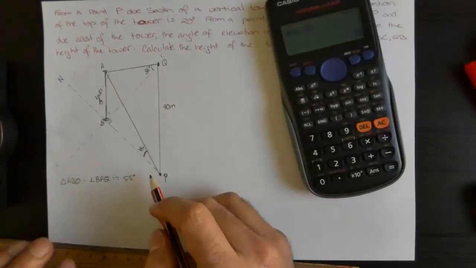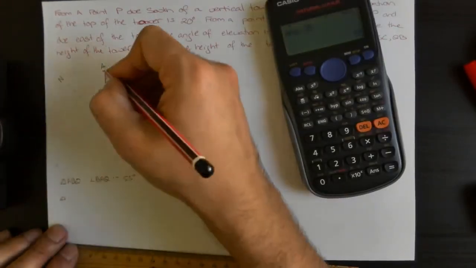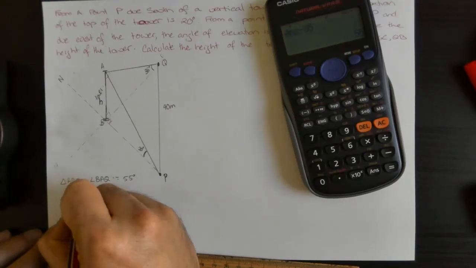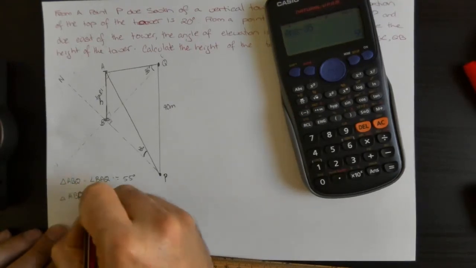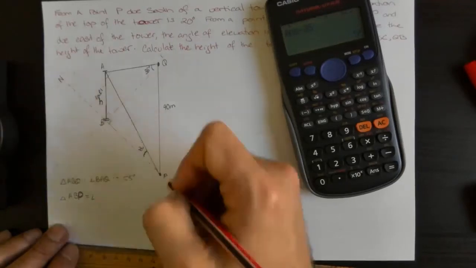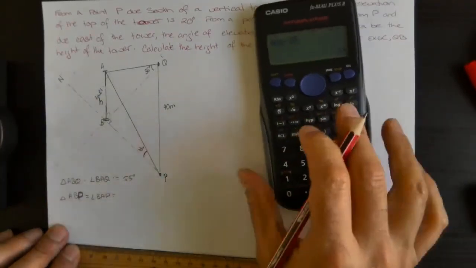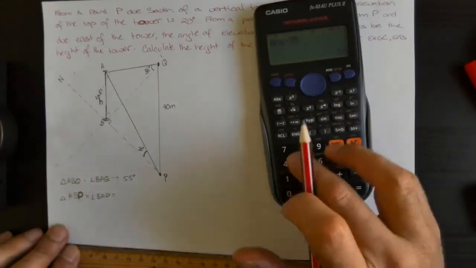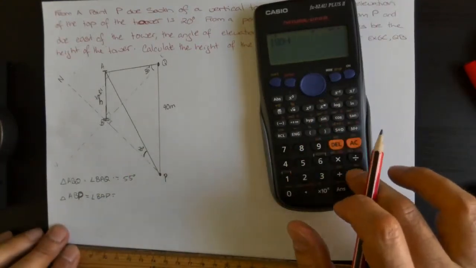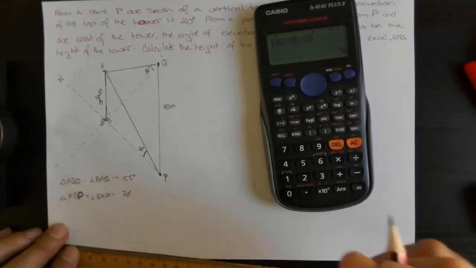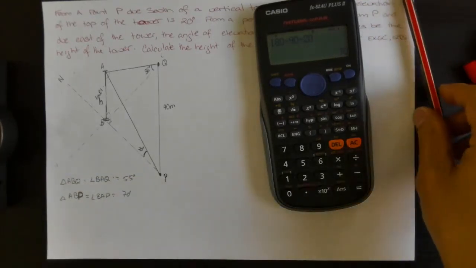And then looking at triangle ABP, the angle BAP will have to equal 70, because 180 minus 90 minus 20 is 70.